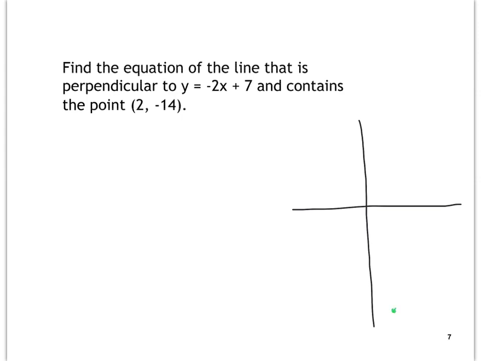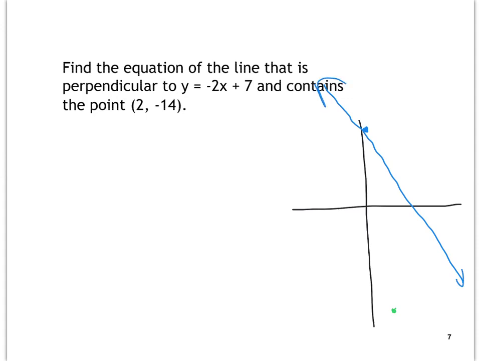So my line is going to contain that green point. And it's going to be perpendicular to y equals negative 2x plus 7. So negative 2x plus 7 is going to have a y-intercept of 7 and a slope of negative 2. So it's going to look something like this.